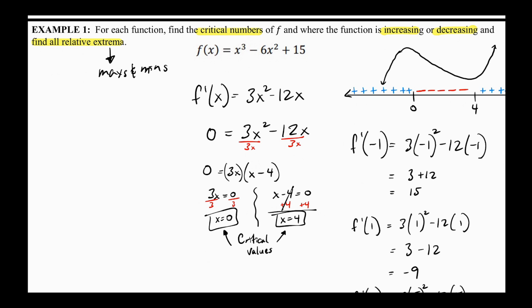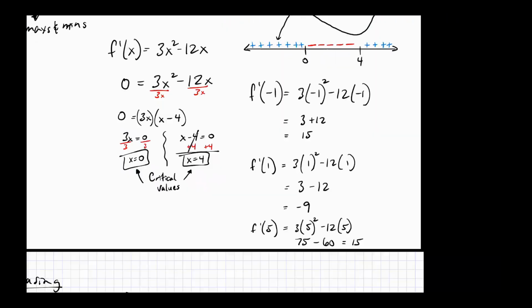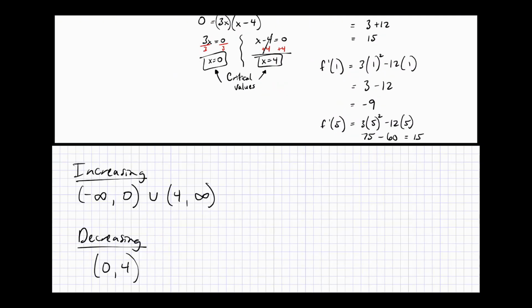Is there something we're missing? Anybody? Yeah. The last part, right? The maximum minimums. We've done the work. We just haven't written anything about them, right? It asks for critical values. Boom. It asks for increasing, decreasing, right there. We just haven't found where the maximum or minimums are.